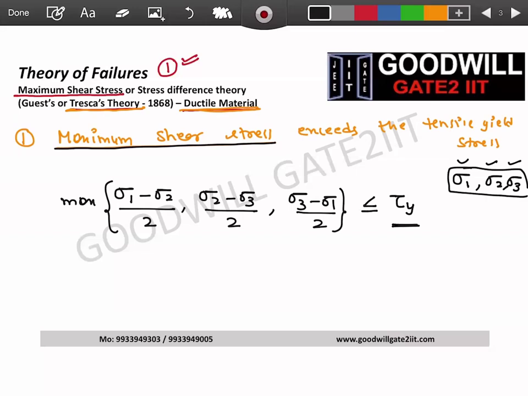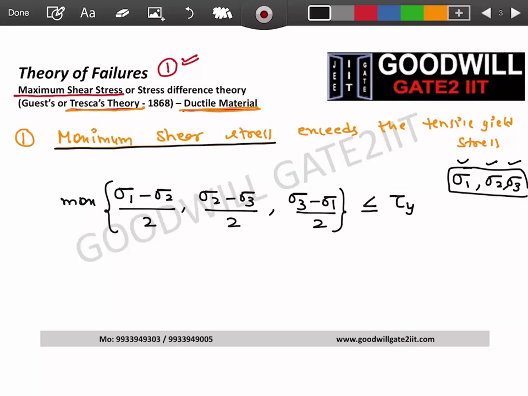There is no numerical or formula to calculate it. Every material has its own tensile strength, shear strength. So this will always be provided to you in the numerical because this is a material property. All these are experimental values. Every material, steel for example, has a fixed value of sigma y, tau y, and so on.